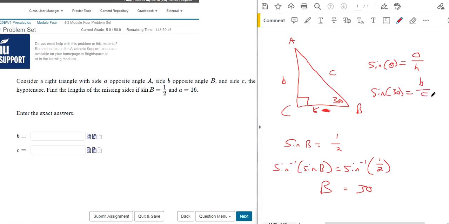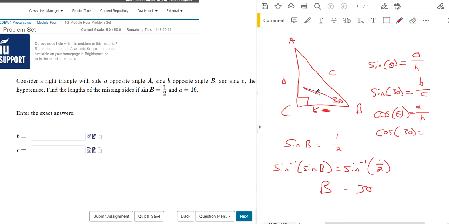So we're stuck. We can't use sine of 30 because then we have two unknowns. Let's try something else. Let's try cosine. Cosine of an angle is the adjacent over the hypotenuse. If we take cosine of the 30 degree angle, the adjacent is whatever is not the hypotenuse and not the opposite.